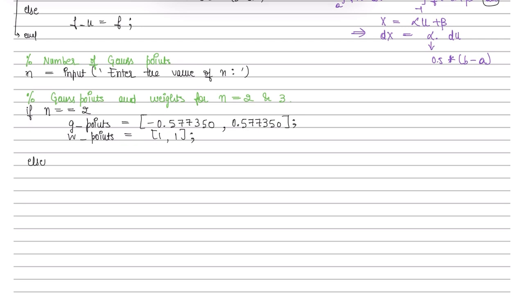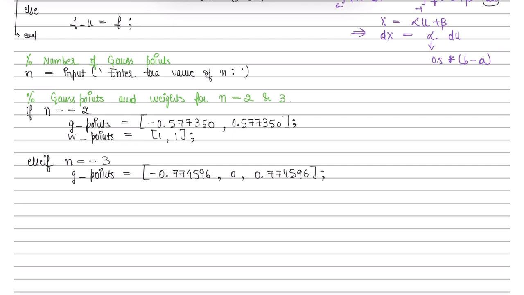Else if the value of n is entered as 3, then the corresponding Gauss points are minus 0.774596, 0 and the 0.774596.